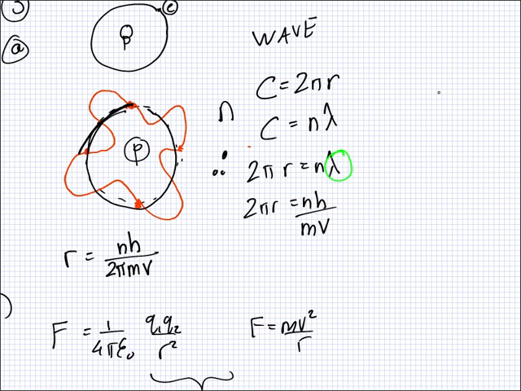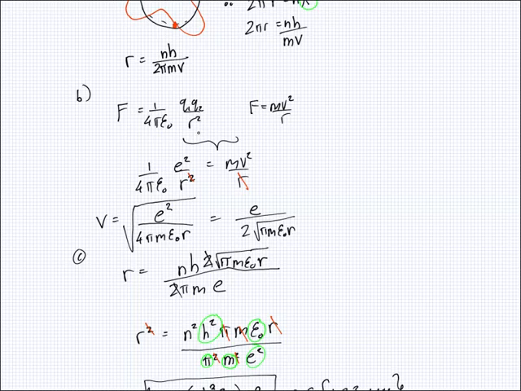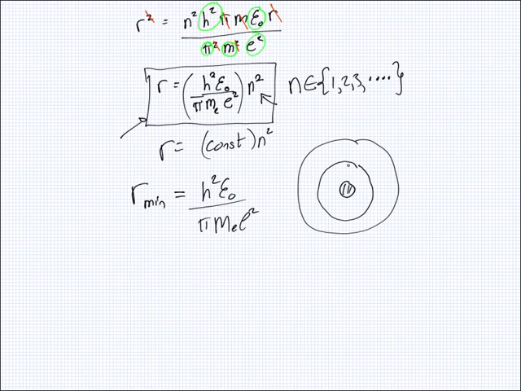We can't have 1.5 waves. We have to have a whole number of waves in orbit. Because of this, and only because of this, it made the orbits have only certain values.